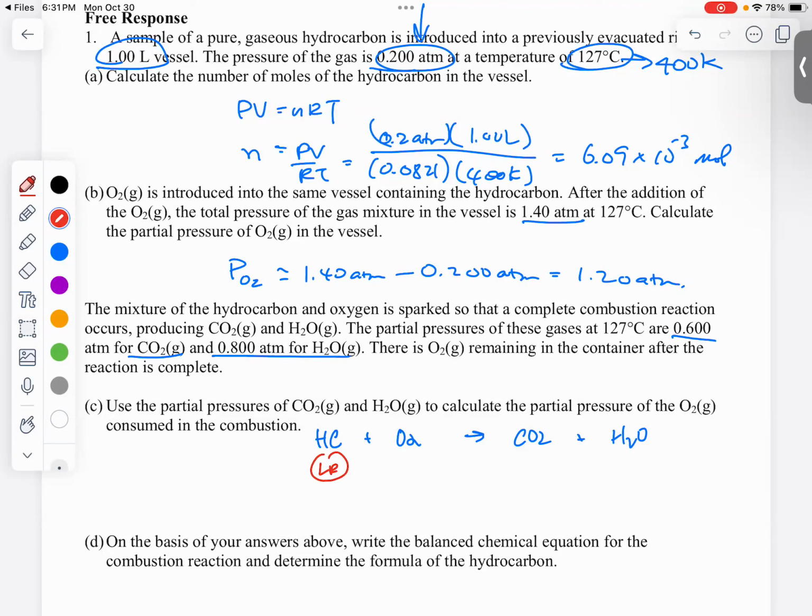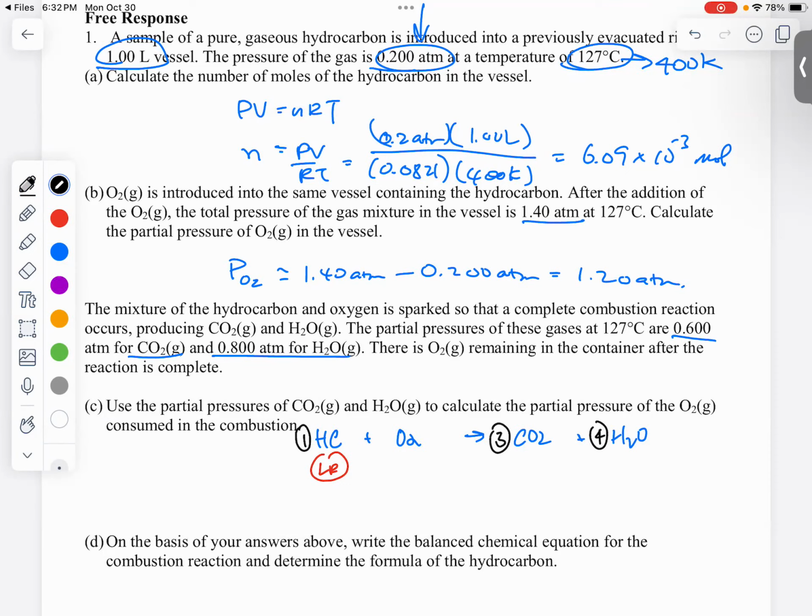So the mole ratio, well, if you say it is 1 hydrocarbon for the coefficient, then, I mean, you can use 2, it doesn't matter. But that should be the case. Yes, that should be the case.